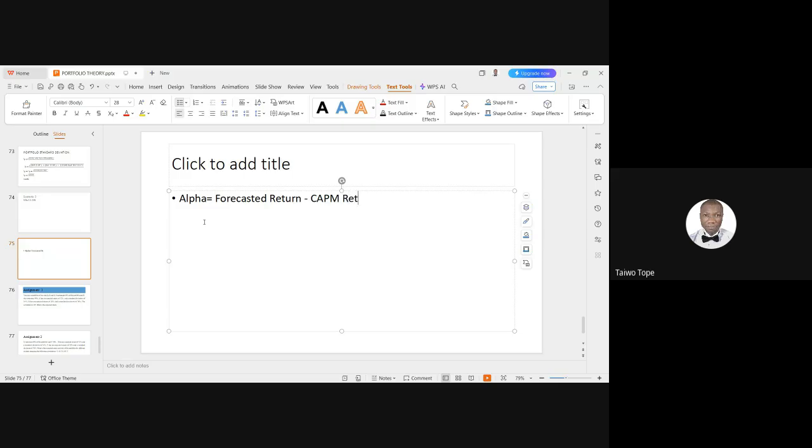So you compare the return given to you in the question with a computed one. That is how you get your alpha. So the question is, if the security is performing well, are you going to sell, buy, or retain? These are the reasons why you compute alpha.